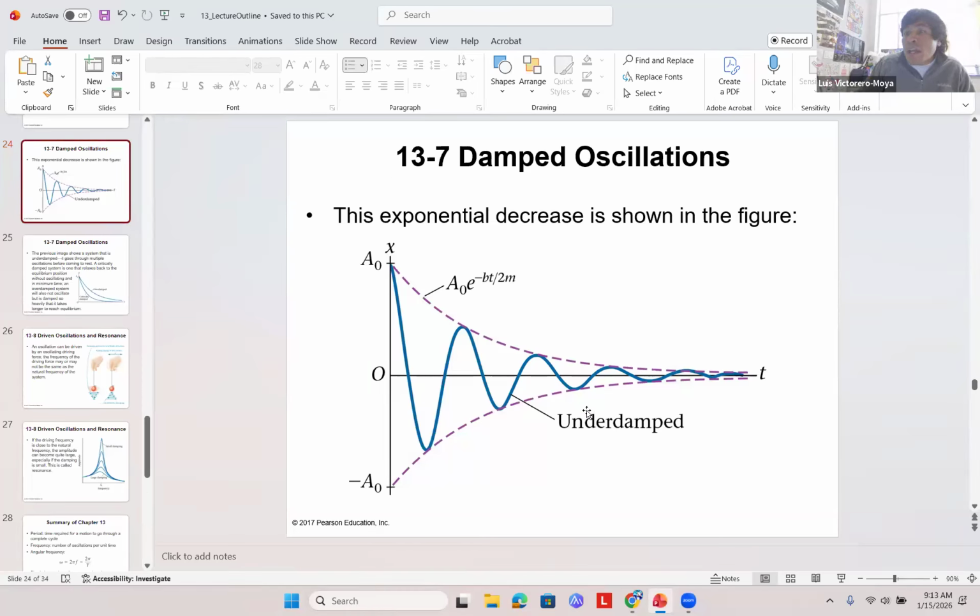You need more calculus for this, and I might show you in the problems next video how this works. It's an interesting part of oscillations, but we do that more in a proper mechanics course, because you need differential equations to actually solve for the position as a function of time.